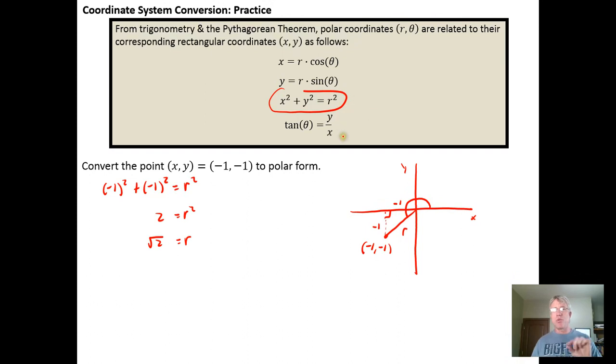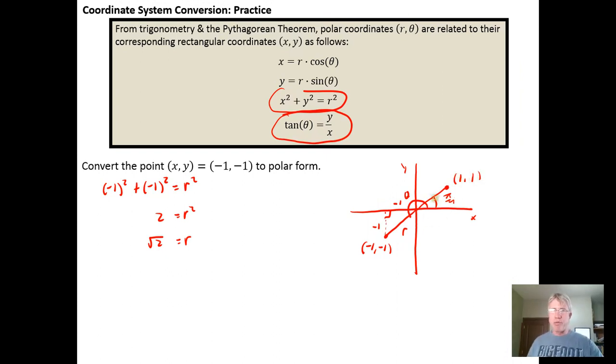So I want to do it with and without using these relationships, because there's a subtlety in the use of the tangent of theta equals y over x that we have to be aware of without just blindly using it. So one thing we could recognize is that if we reflect through into quadrant 1, the reference angle for this angle theta right here is going to be the angle pi over 4, and the ordered pair 1, 1.